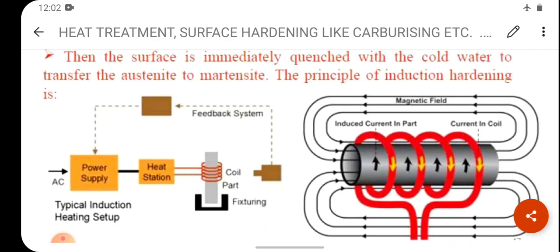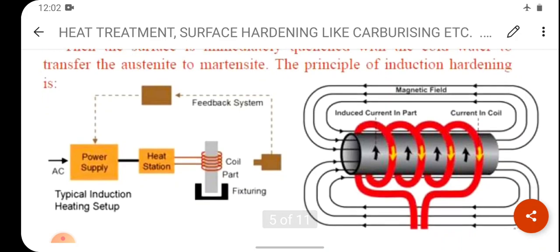Here on the right hand side there is another figure which shows the actual mechanism. This is the block diagram on the left hand side. This is the actual figure. This is the coil, which is red in color. In the coil current is passed, and in between there is an object which you have to heat with the help of the induction process.